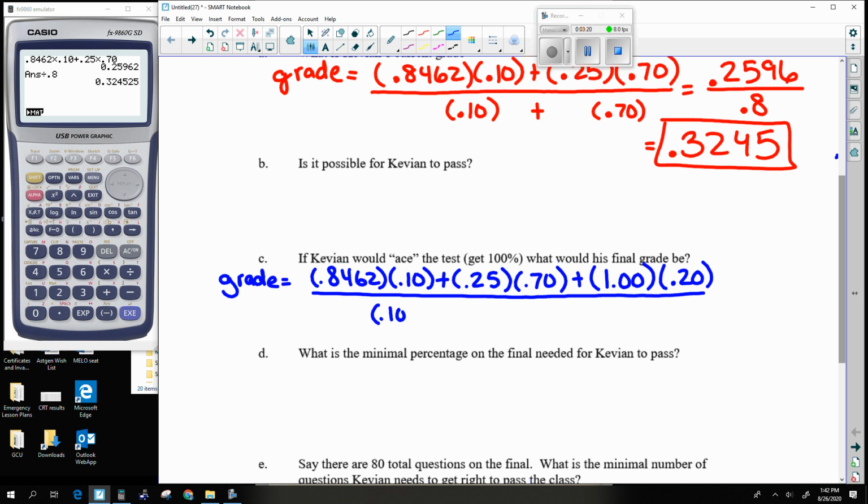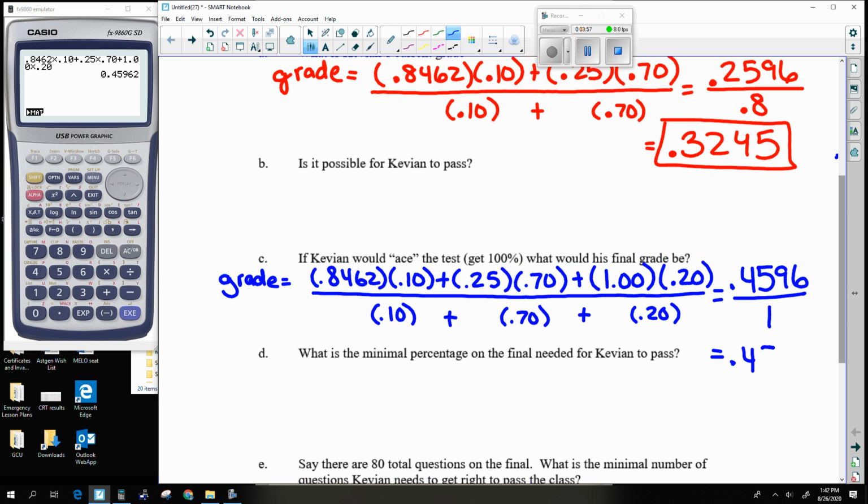Divided by just the weights. Uh-oh. So the best case scenario, Kevion's going to get a 45%.